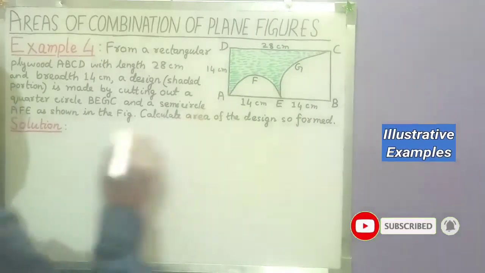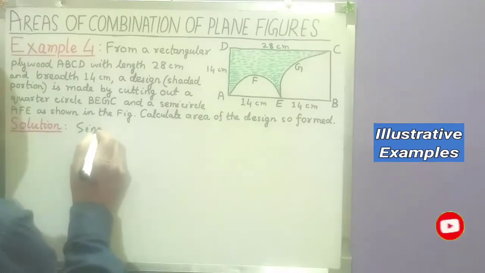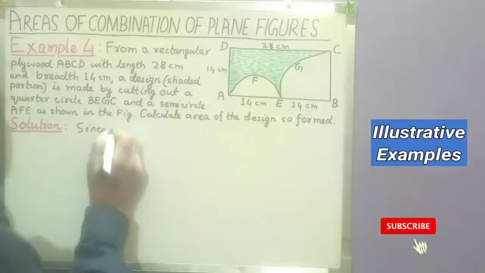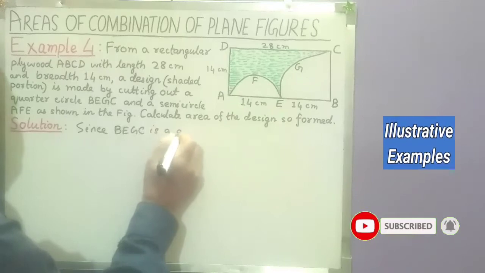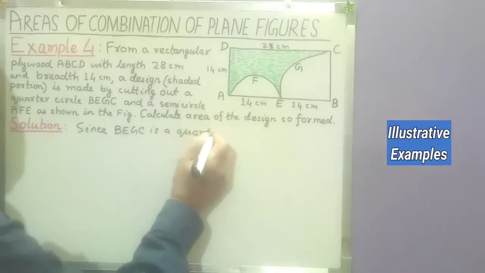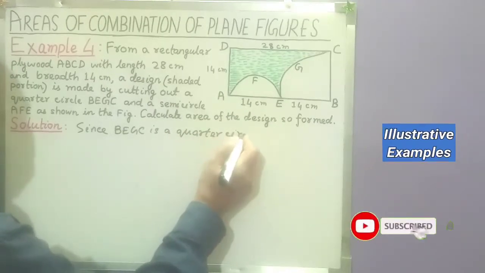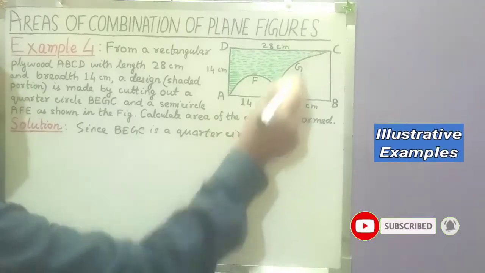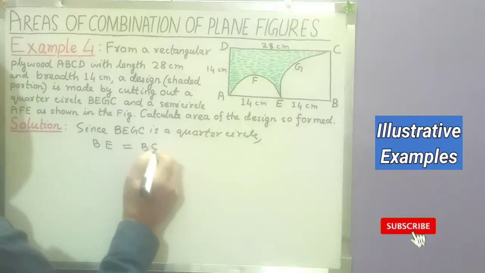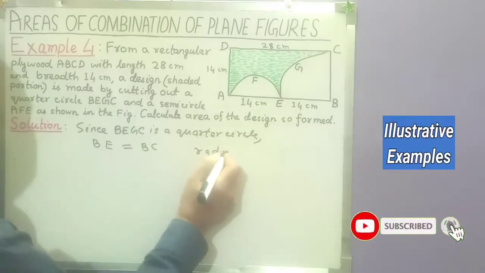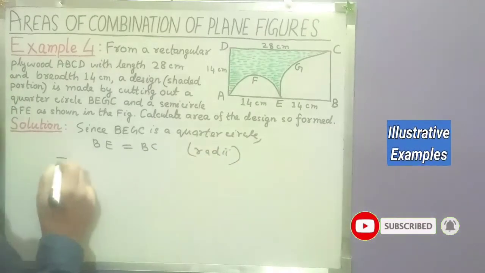Let's solve this question. Since BEGC is a quarter circle, we can say that BC equal to BE because these are radii of the circle.